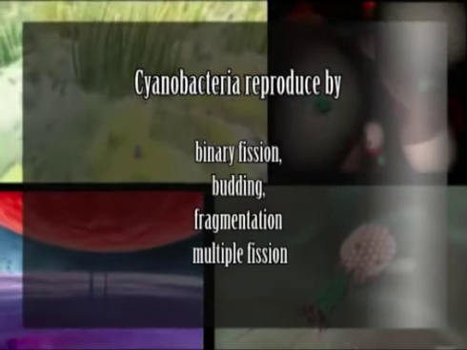In multiple fission, the cell enlarges and then divides several times to produce many progeny cells. Filamentous forms after fragmentation give rise to small motile filaments called hormogonia. Some species form specialized dormant thick-walled resting cells called akinetes during unfavorable conditions.